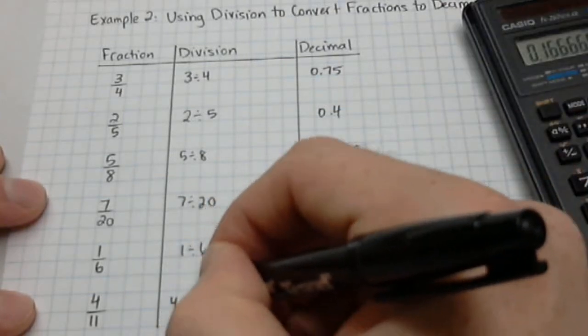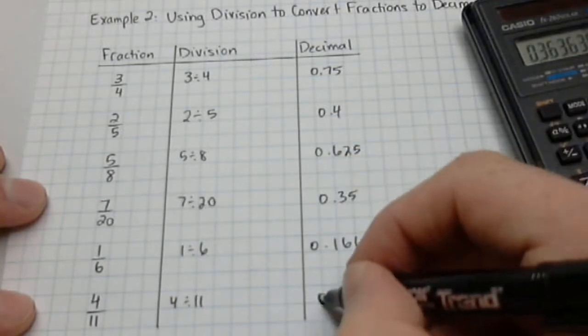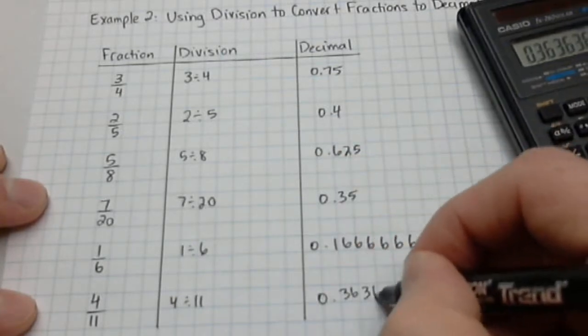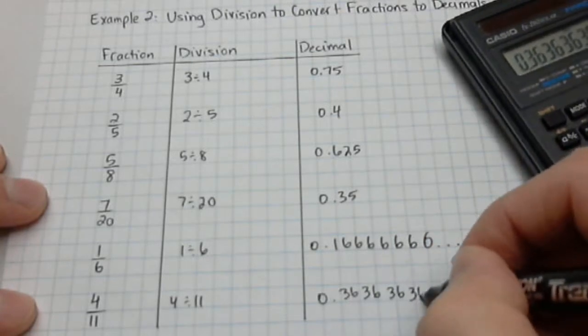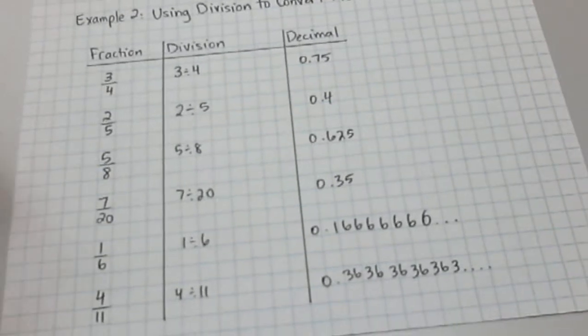And 4 divided by 11, 0.36, 36, 36, and on and on and on.